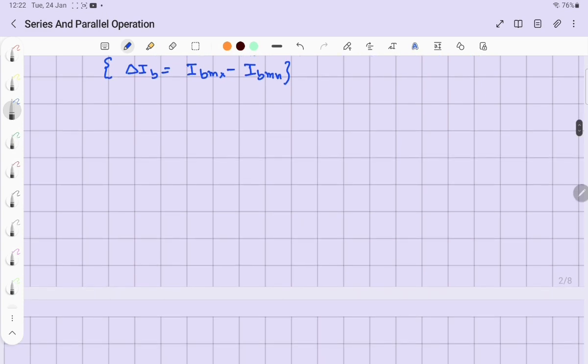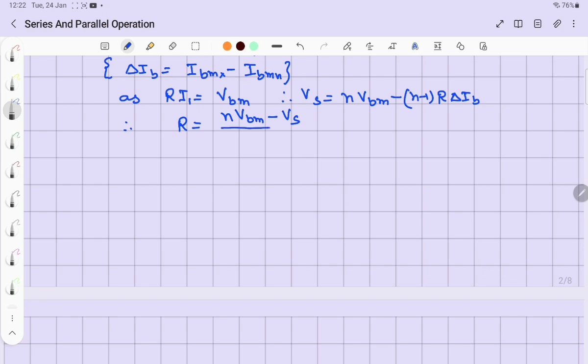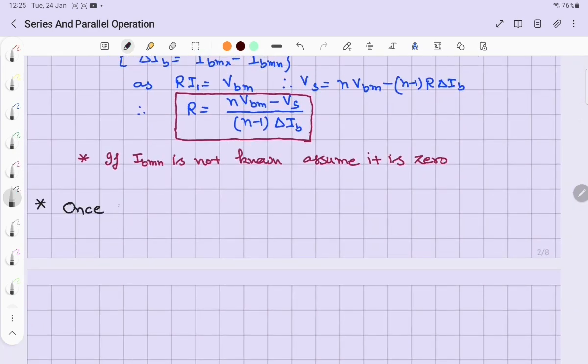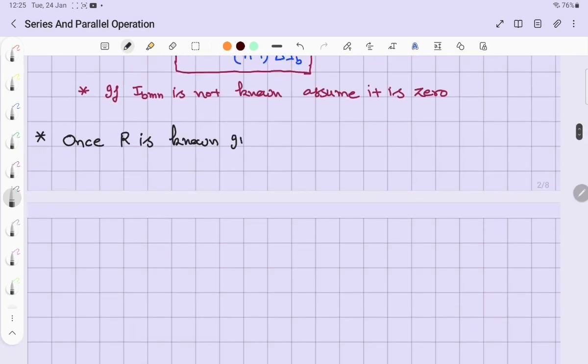After solving this, we get RI1 equal to VBM. So Vs would be N VBM minus N minus 1 R delta IB, where delta IB is IBMX minus IBMN. So we can derive that R is equal to (N VBM minus Vs) divided by (N minus 1) delta IB.